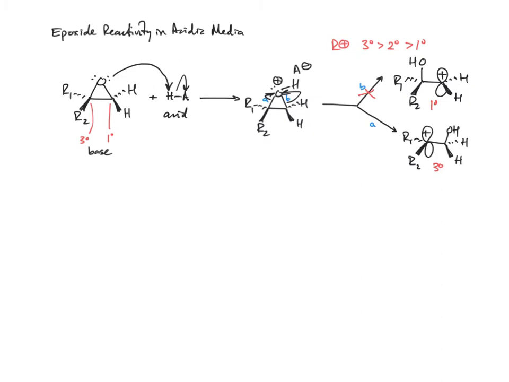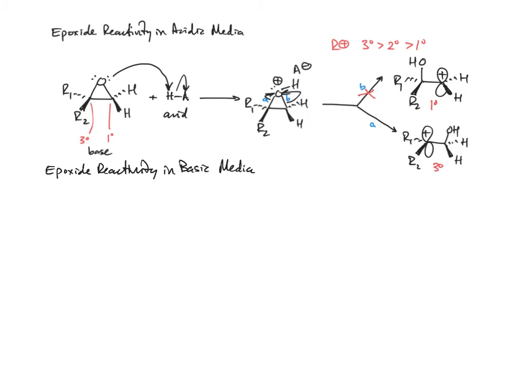So before we actually get into a specific reaction, let's look at epoxide reactivity in basic media. And then what we'll do, for an example, is take one epoxide and treat it under two different sets of conditions and see how the acidic or basic nature affects the reactivity.